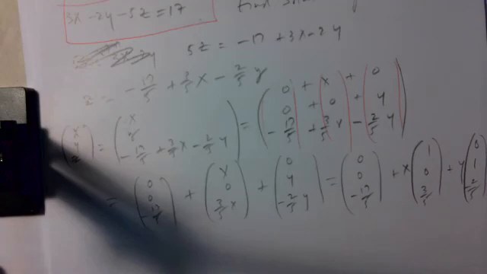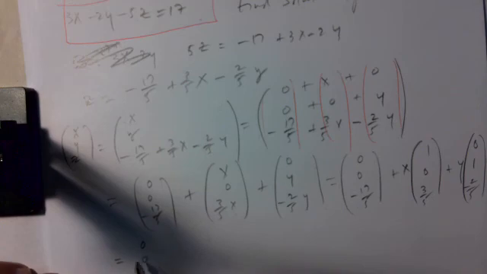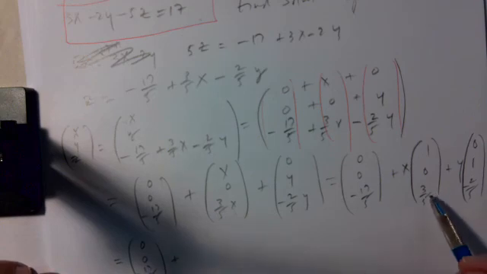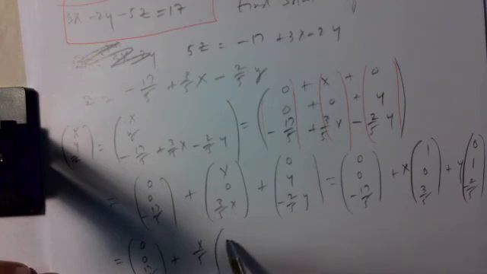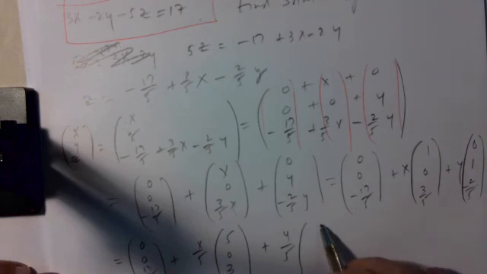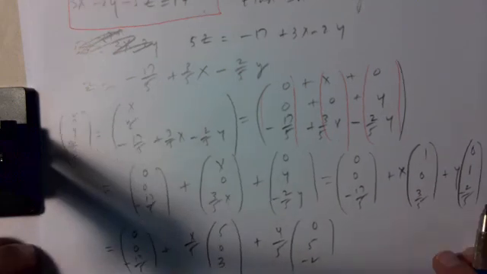And again, if I don't like fractions, I don't dislike them, but if I wanted to get rid of the fractions, minus 17 over 5, I could factor out a 1/5. This would be x over 5 times 5, 0, 3. And I could factor out a 5 from this, plus y over 5 times the vector 0, 5, minus 2.